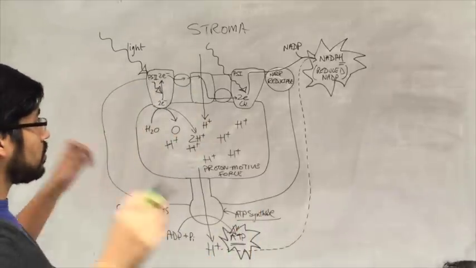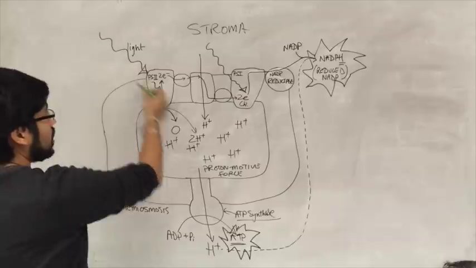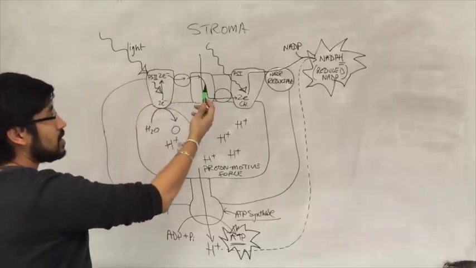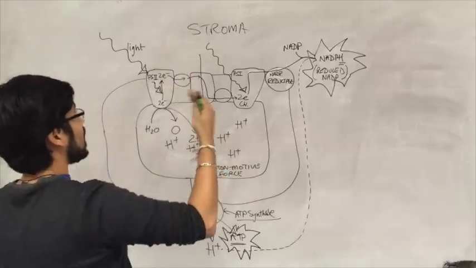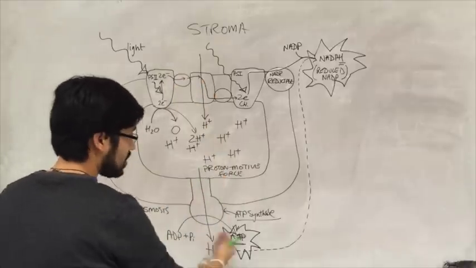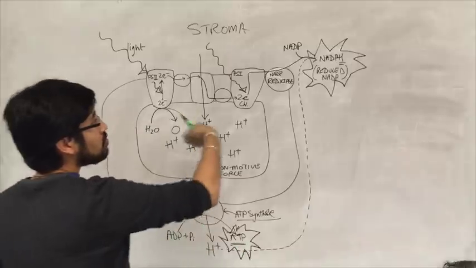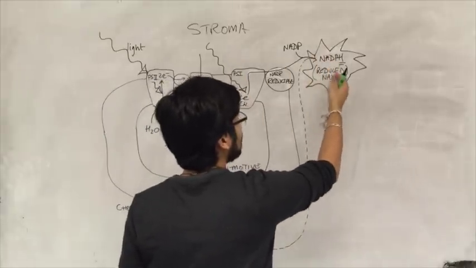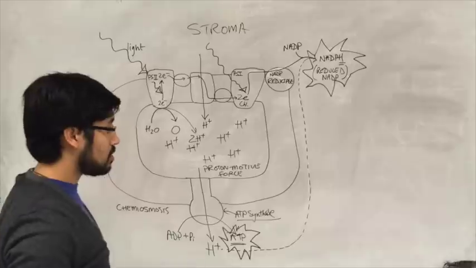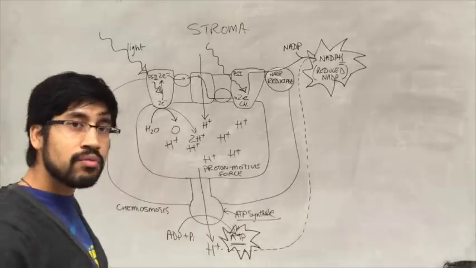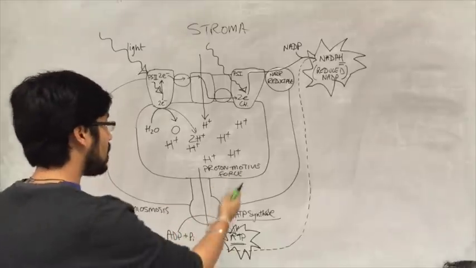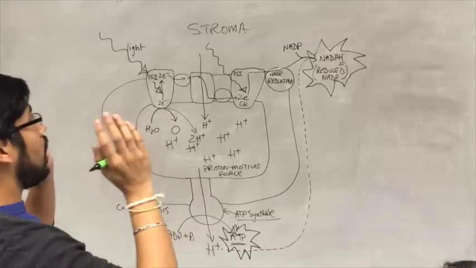Okay, so main point: light absorbed, electrons excited. We've used the electrons' excited state energy to make ATP, but we've also used those electrons, combined with some protons, to make NADPH. And essentially that's the main point of the light-dependent stage: to make ATP and NADPH.